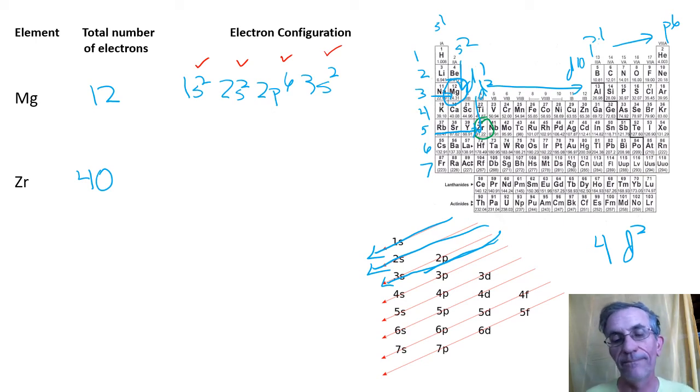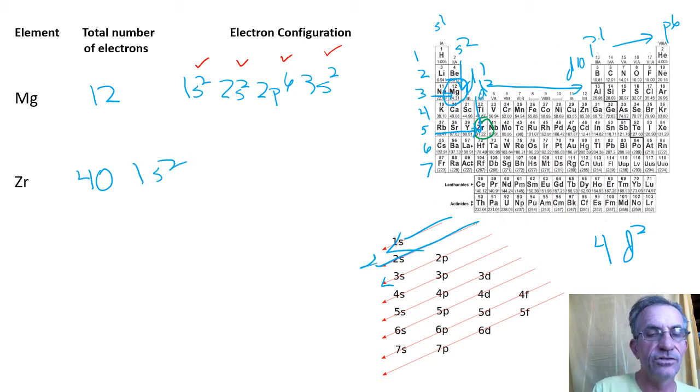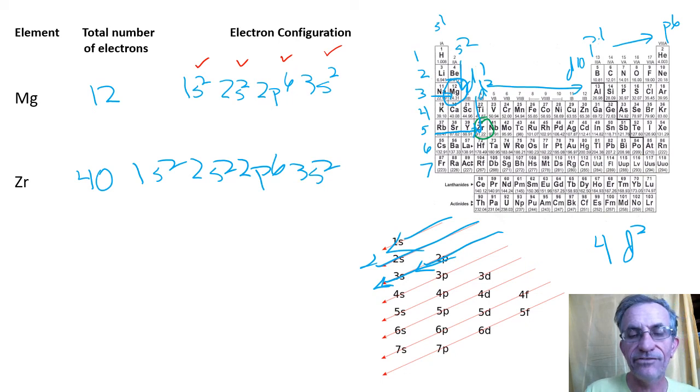All right, let's do it. In the interest of saving us a little time, and you've seen a bunch of these, I'm just going to do it real quick. 1s2, 2s2, 2p6, 3s2, 3p6.